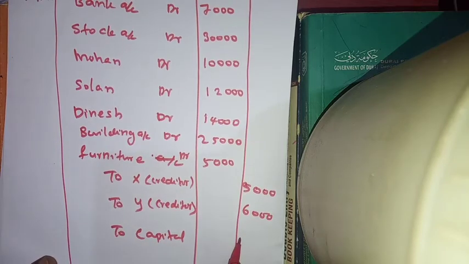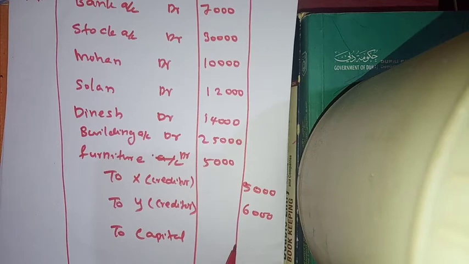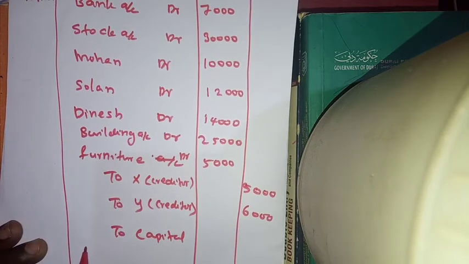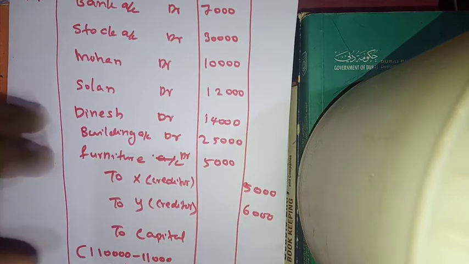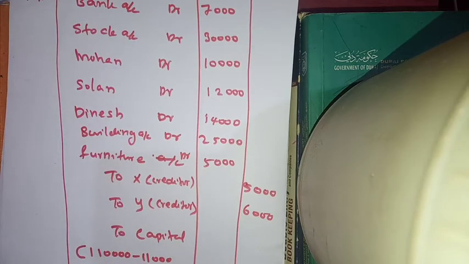So that is 1 lakh: total 1,11,000 minus 11,000 equals 1 lakh. Check the answer. Okay, so the total is 1 lakh.